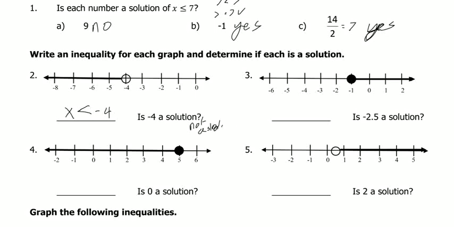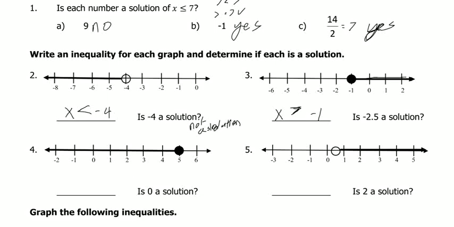And let's see, number 3. First of all, we got to do the same thing. We got to write an inequality. So we got x, and the dot's at -1. So x is going to be everything bigger than -1, everything to the right. So x is greater than, and since it's a darkened in dot, we got a line underneath it.